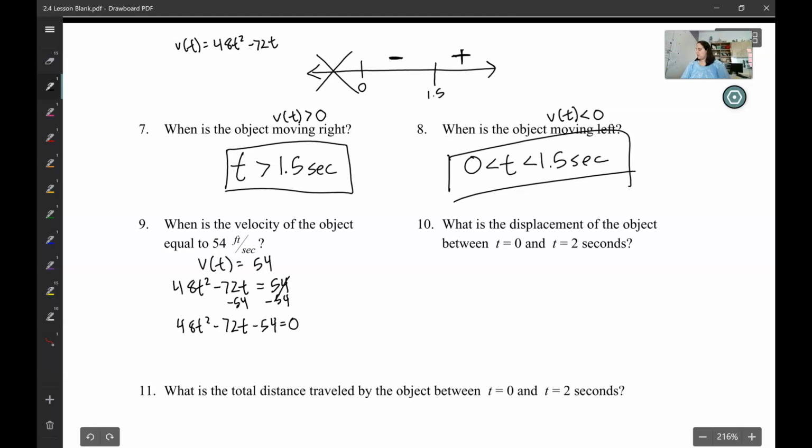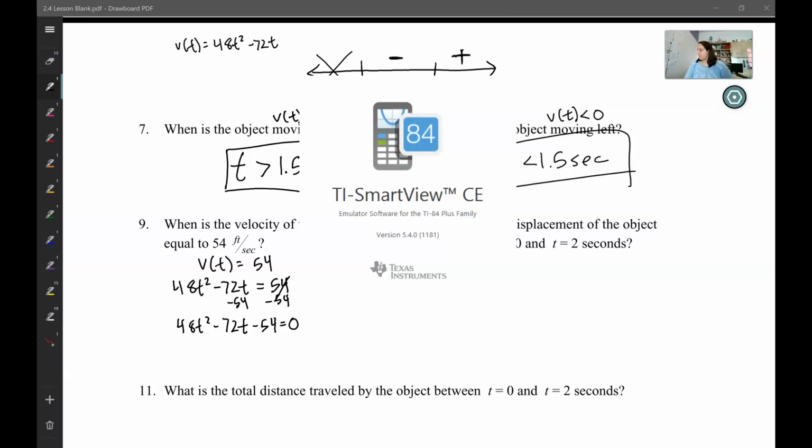So I get it all equal to 0. Now, I can try to factor this. You could also do quadratic formula on this. That'll work as well. Or we could also just use a calculator to graph it. So I'm going to show you that method so that if you are on the calculator section of your test, you can do it this way, which is a lot faster.